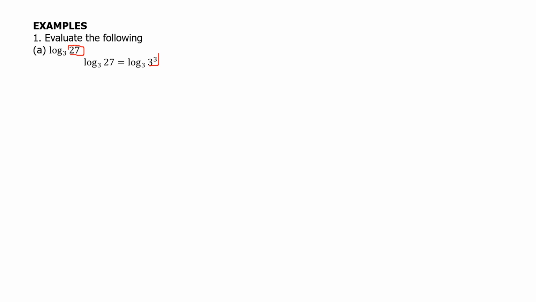Now the power is going to somersault there. Then we have 3 times the log of 3 base 3, and the log of 3 base 3 is going to become a 1. So on the next step we shall have 3 times a 1. Then 3 times a 1 is a 3.